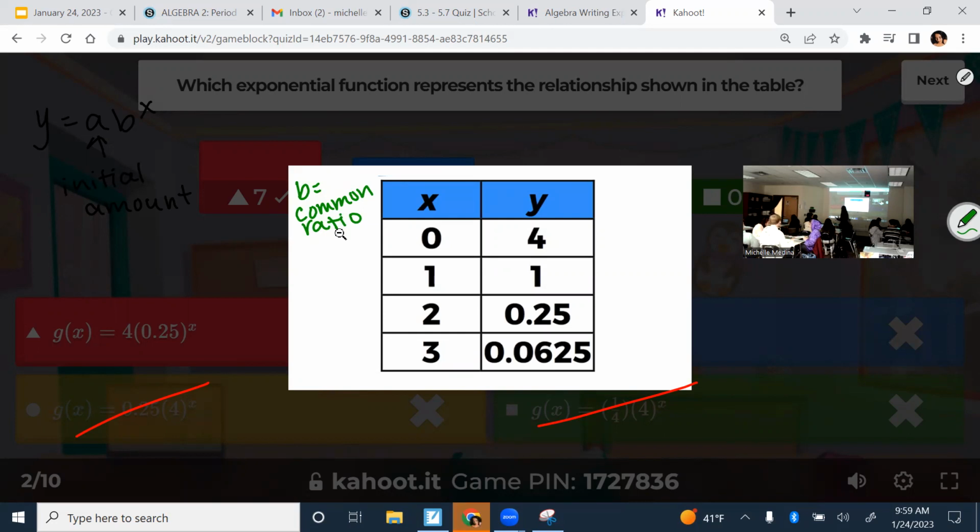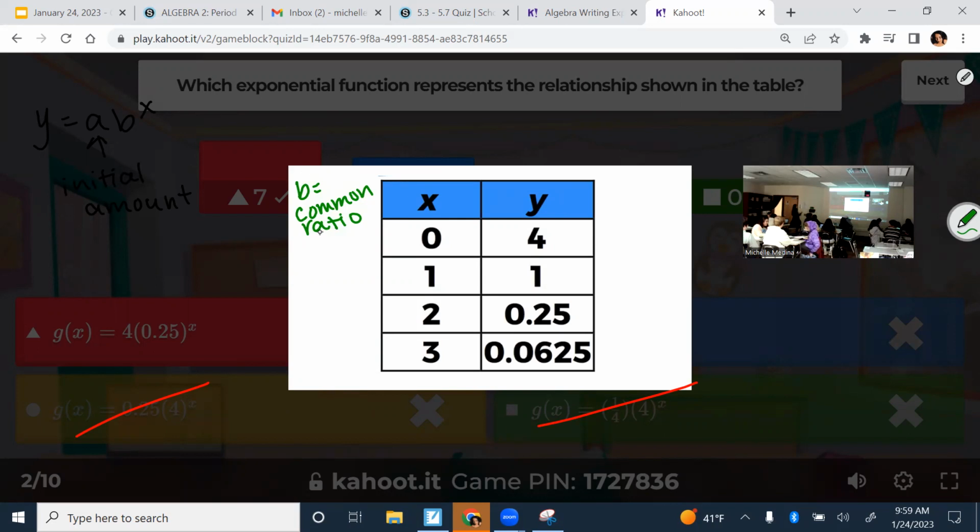Divide what? My y's, yes, I do divide them. Is it going to be 4 divided by 1? What do I divide them? All right, come on. So, what do I divide? 1/4.